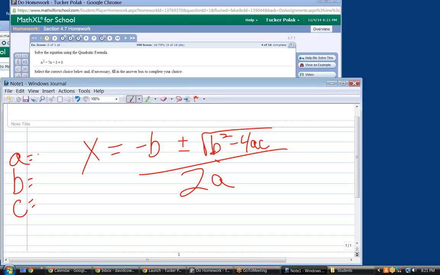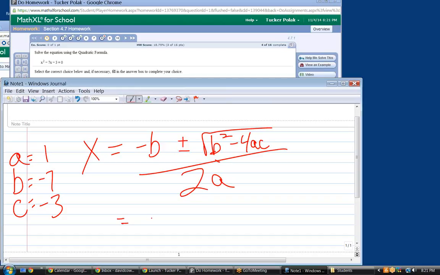So what's the coefficient of x squared? 1. 1 just isn't written. That's 1x squared, correct? Okay. What's b? -7. And what's c? -3. Okay, so that's what we want to plug in.